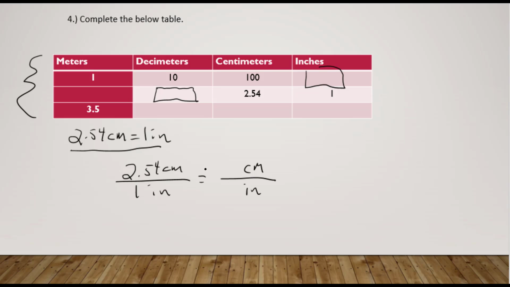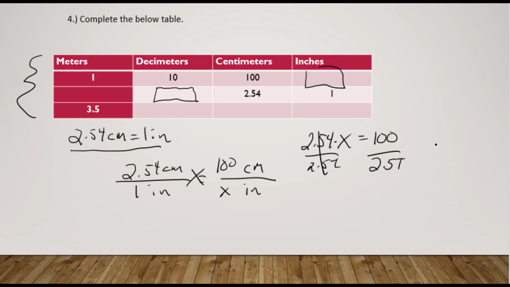Centimeters over inches. So I have 100 centimeters. I'm trying to find out how many inches. So probably the easiest way here is to cross multiply and divide. I get 2.54 times x inches equals 100 times 1, which is 100, divided by 2.54. I'm going to get 100 divided by 2.54, put that on my calculator, and I get 39.37 to 2 decimals.